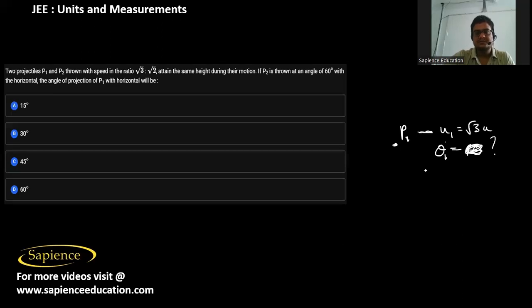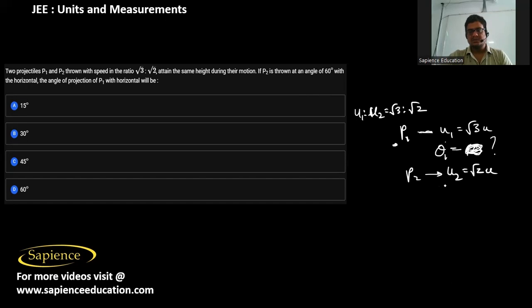And P2 is the second projectile where the initial velocity u2, I can say that is √2u, since it is told that u1 is to u2 should be √3 is to √2. They are thrown with the speed in the ratio √3 is to √2. And θ2 is 60 degrees, since it is told that P2 is thrown at an angle of 60 degree with the horizontal.